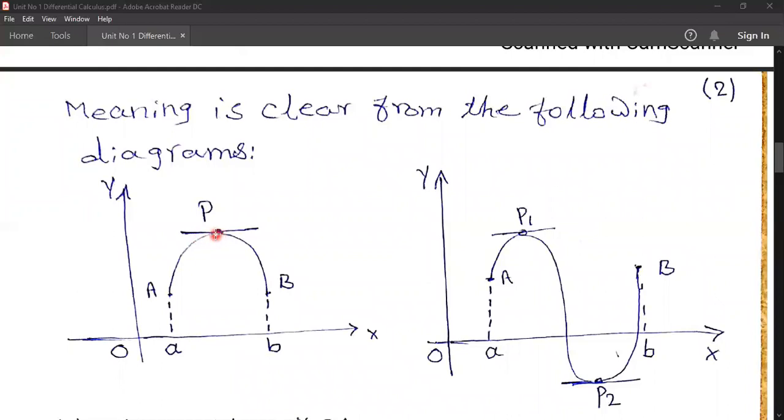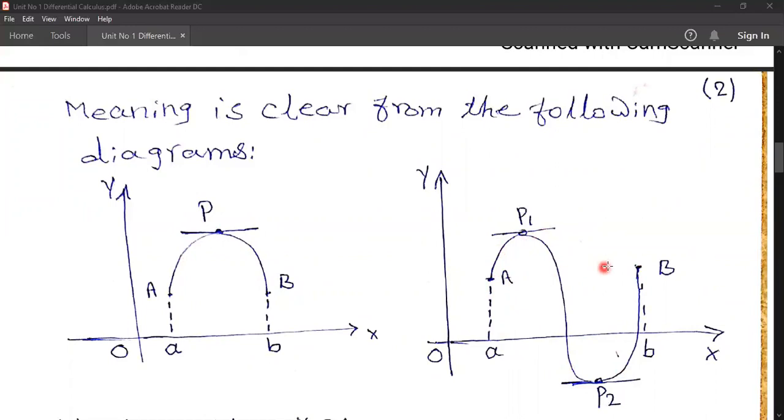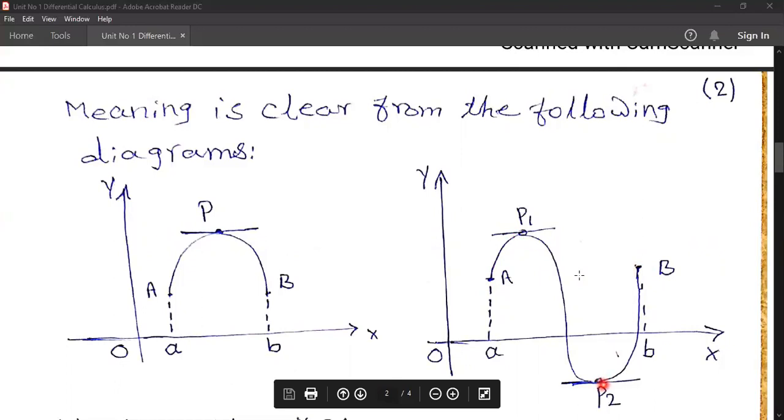Then if we have more than one tangent, say for example, this is another curve, which also is a continuous curve. Then between these two points A and B, where f of A is equal to f of B, there exist the points P1 and P2 at which the tangents are parallel to the x-axis.